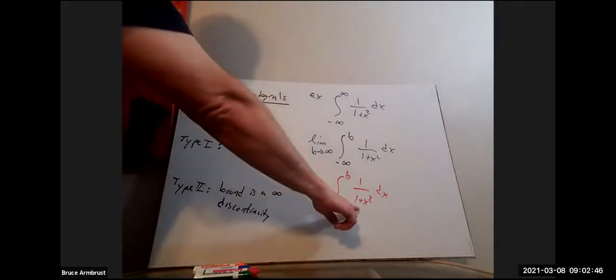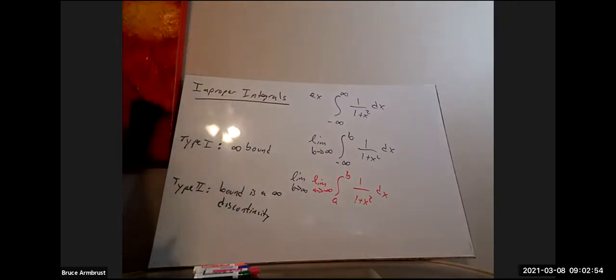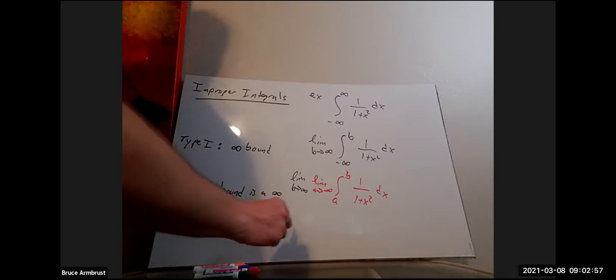All right, so let's anti-differentiate 1 over 1 plus x squared. Anybody recognize that? What's the antiderivative of that guy? Inverse tangent. It's inverse tangent. Good.